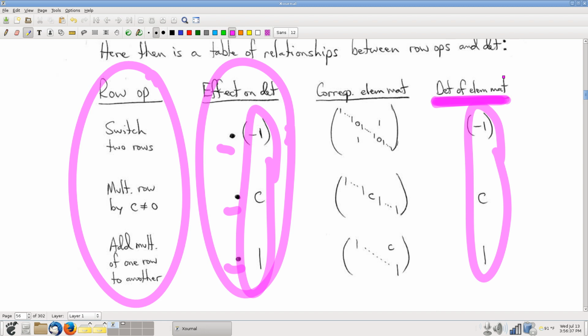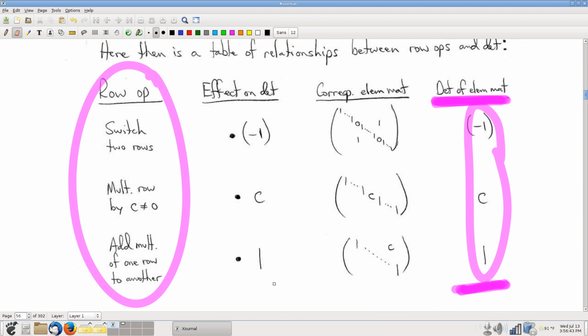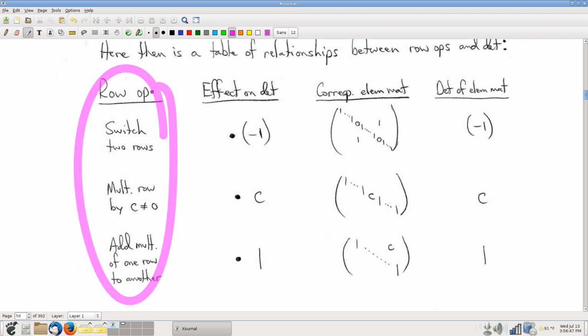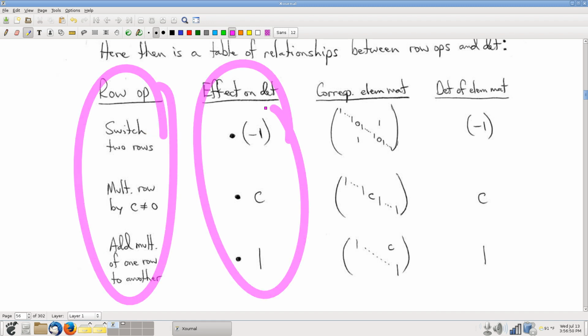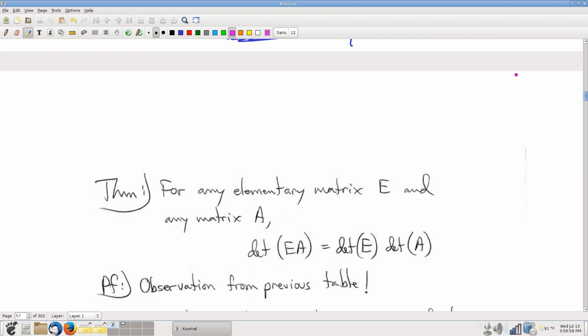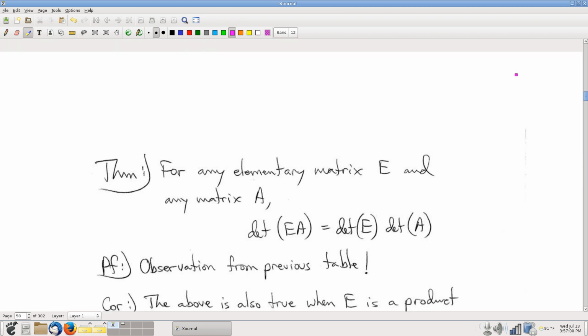That's a really surprising result, that these numbers here happen to be exactly the same as these numbers here. So let's say it again, a little bit faster this time. This is a recording. When you do a row operation, the effect on the determinant is multiplication by the determinant of the corresponding elementary matrix. And we can write this as a result. Here it is.